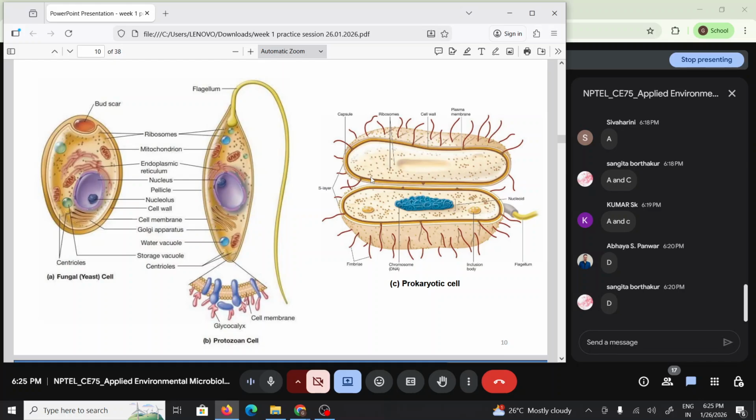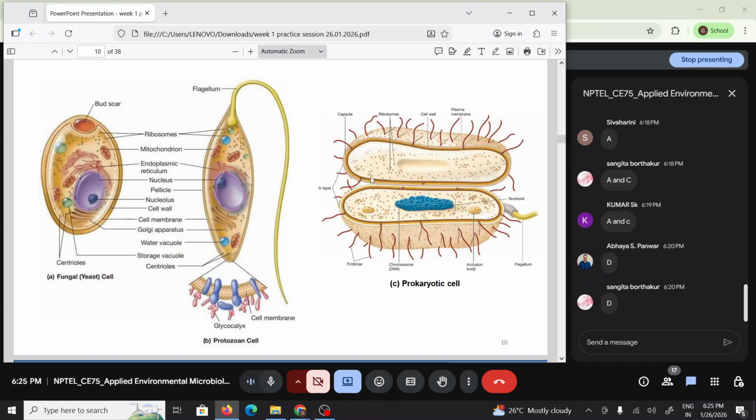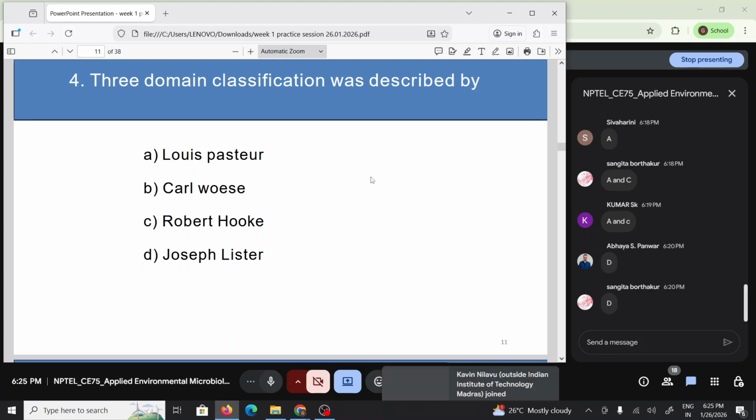So you can just compare this table and the image present here and understand the increase in complexity in the cell structure in the eukaryotes as compared to the prokaryotes. Any doubts so far? No, ma'am. Okay, so the next question is about three domain classification.